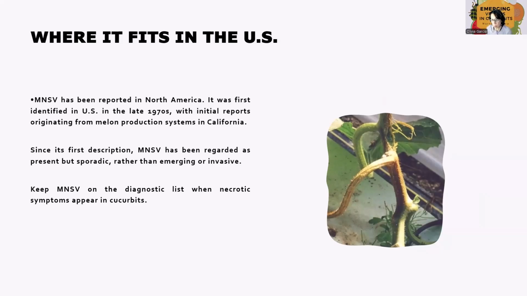It's not common everywhere, and not present every season or in every crop, but MNSV should be considered when compatible symptoms appear in cucurbit fields, in transplant houses, or in protected production. The practical takeaway for growers and crop advisors is: if you see suspicious symptoms in cucurbits, ask the lab to test specifically for this virus.